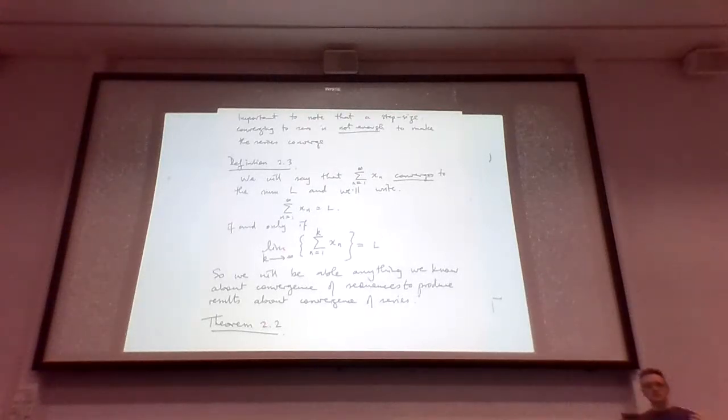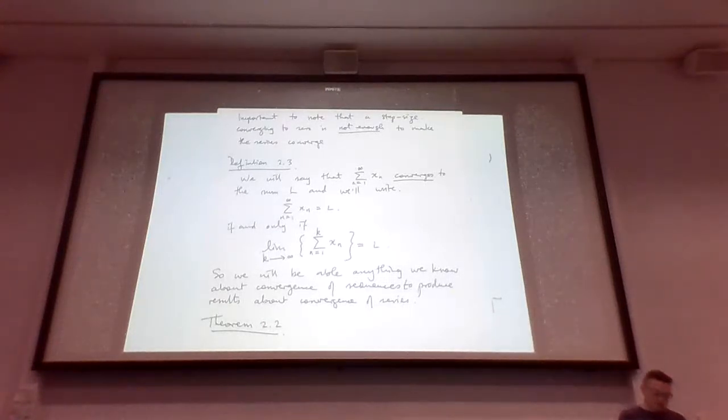So you can take simple sequences and manufacture more complicated sequences. And our Algebra of Limits theorem for sequences told us how to relate the convergence of the new sequence to the convergence properties of the ingredient sequences.